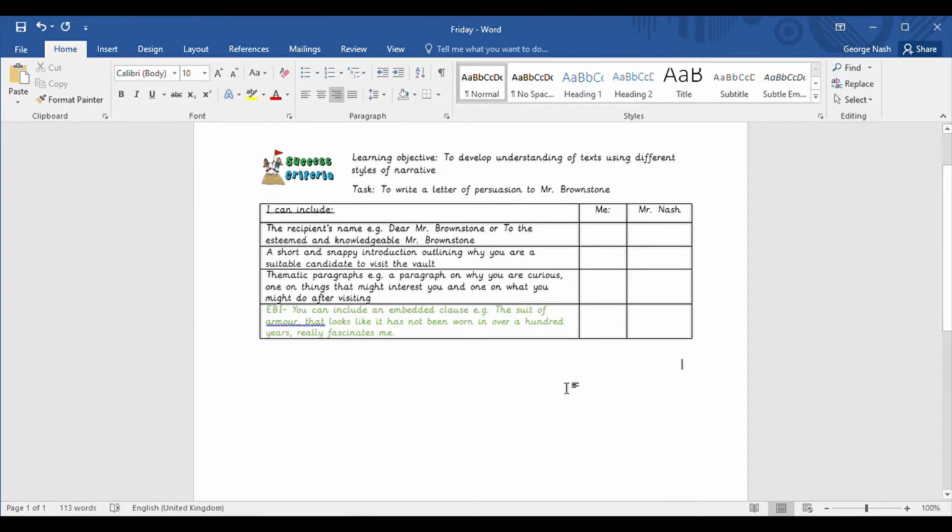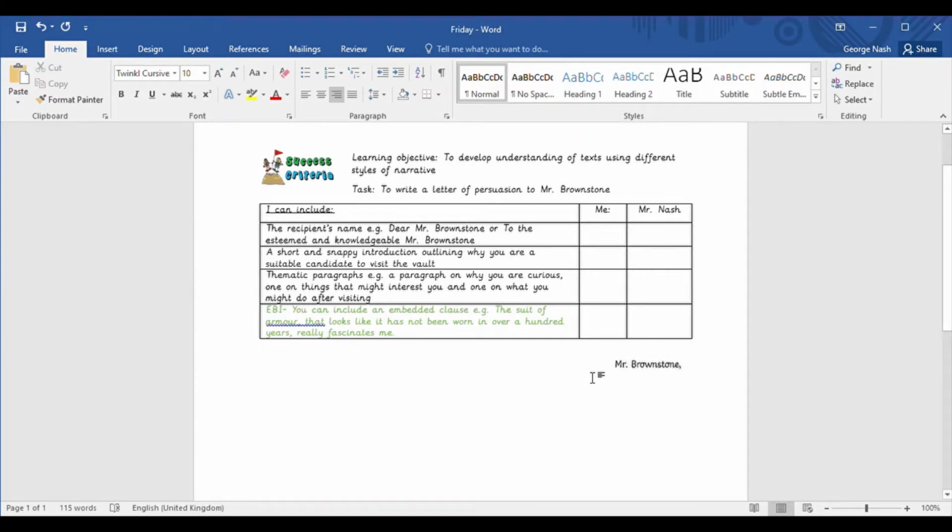Now, when we are writing the address to our recipient, which in this case is Mr. Brownstone, I'm going to do my writing on the right hand side. So I might put, for example, Mr. Brownstone here. And I'm going to put below. Now, unfortunately, it's gone to the wrong font.